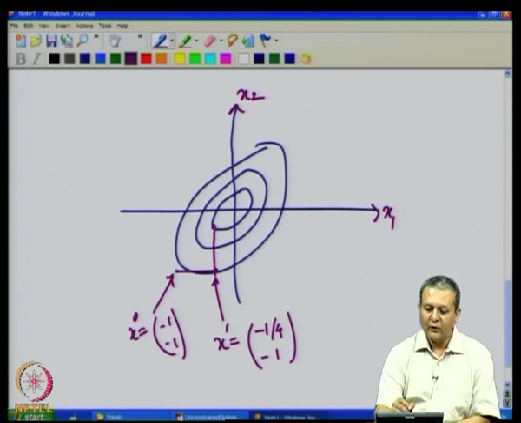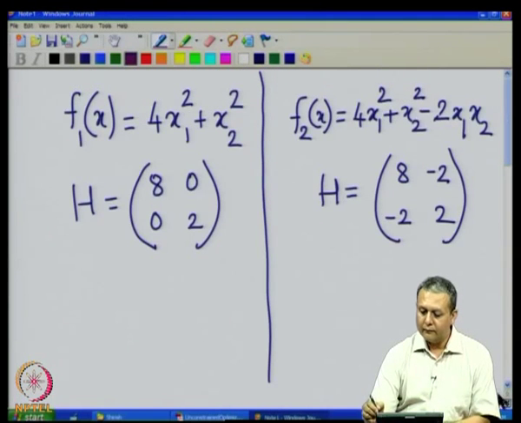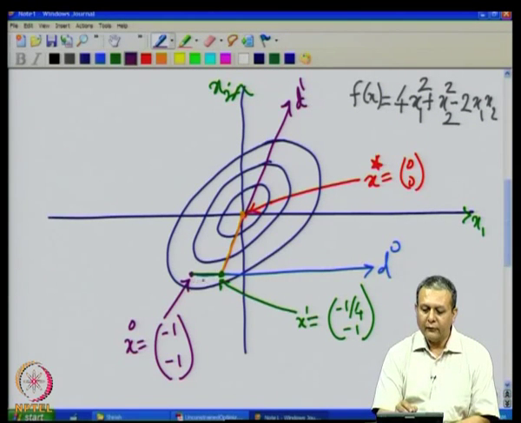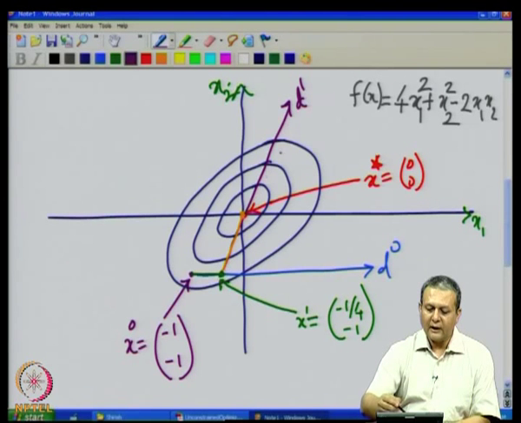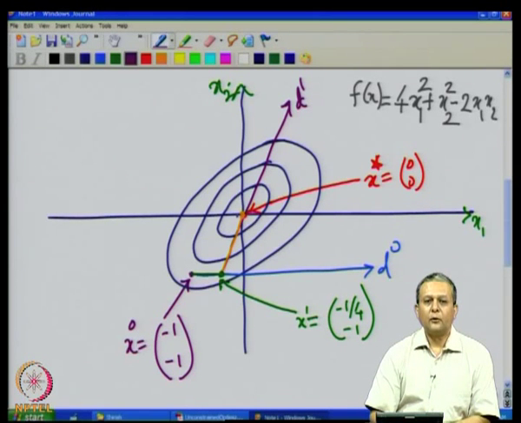This was the coordinate descent method in the x1 x2 space, while if you look at this, the first iteration was along the direction d0, but the second iteration was along the direction d1, and that d1 was chosen such that it is H conjugate to d0, and if we do the exact line search along d1, we would end up at x star.